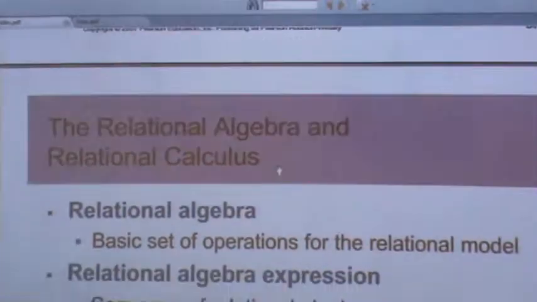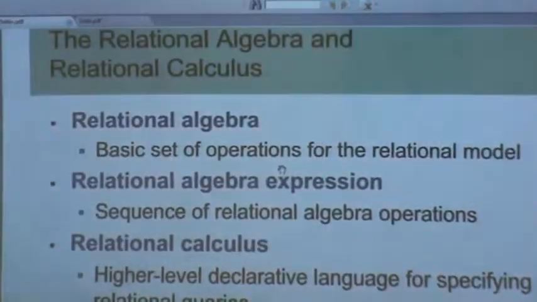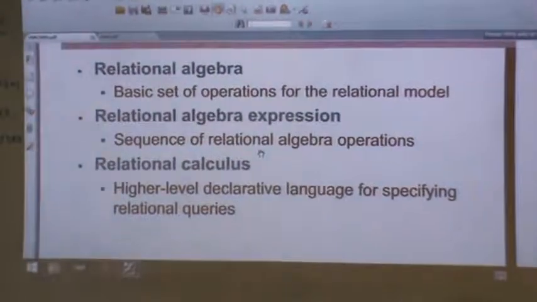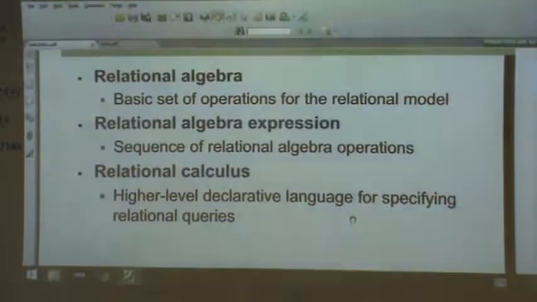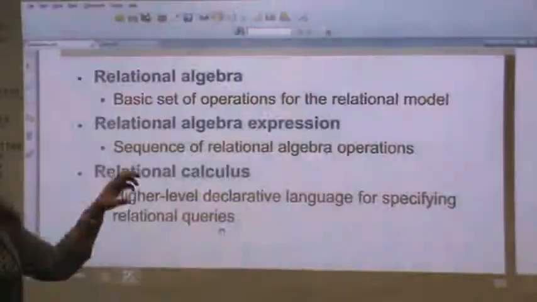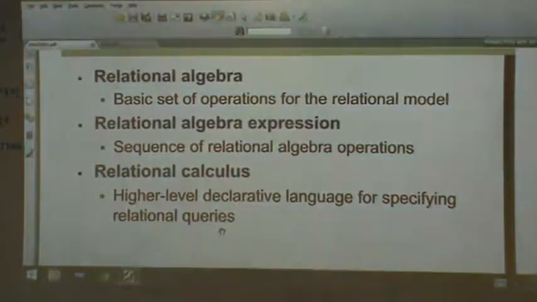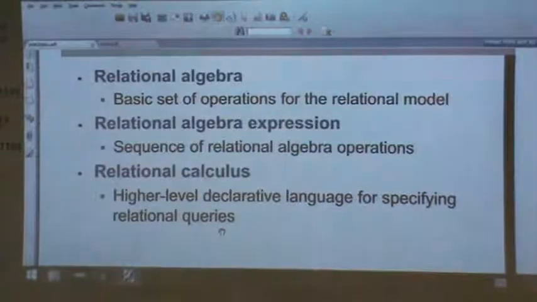So, start. Relational algebra is basically a basic set of operations for the relational model, and algebra expressions are like sequences of relational algebra operations. Relational calculus is a higher-level declarative language for specifying relational queries. All of the symbols we'll try to use, and for some sections we'll make a certain expression, and all of the expressions will merge into calculus.